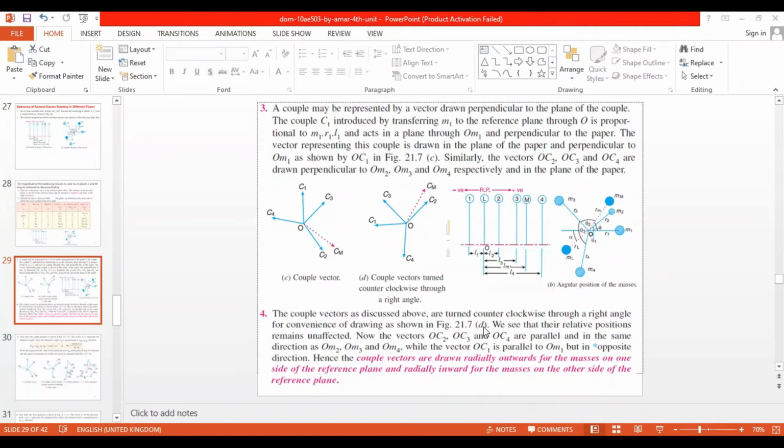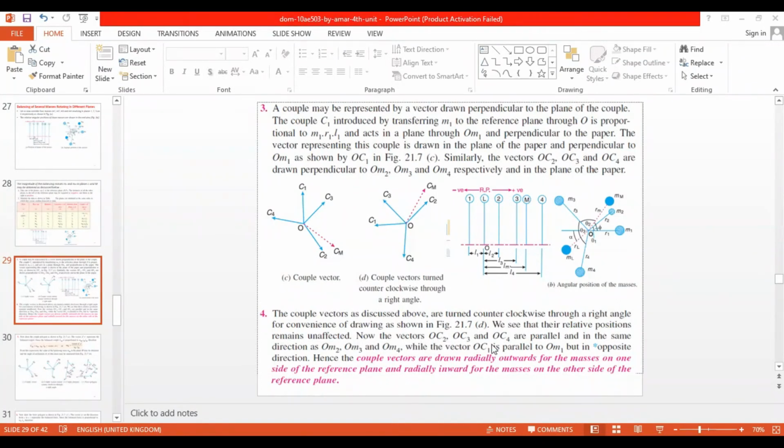Actually these couple vectors are directed inwards to the paper, but we can't draw it inward, so we turn it by a right angle so that we can put it in the diagram. Their relative positions remain unaffected. If you turn the entire diagram by a right angle, nothing will change.